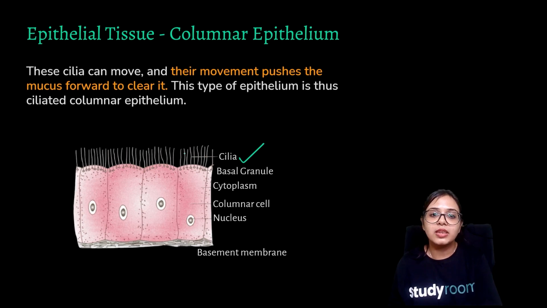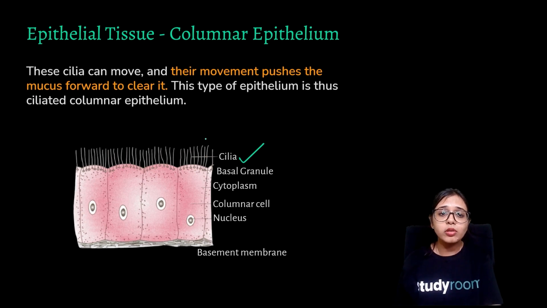This cilia helps in the easy transfer of secretion or absorption of some other secretion that may be produced by other cells. Also, their movement pushes the mucus forward to clear it.